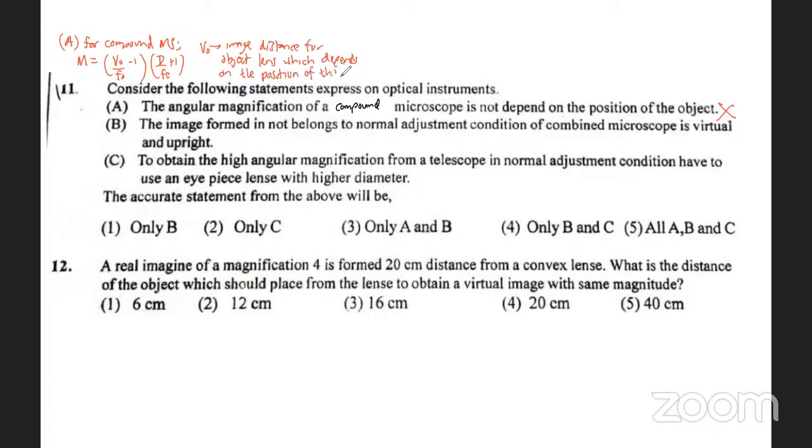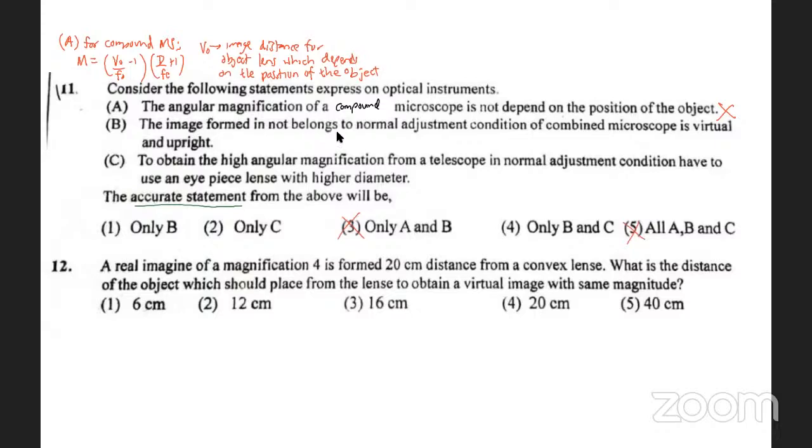Because if you change the position of the object, the image distance will change, because image distance depends only on object distance. Therefore, A is wrong. They are asking for the accurate statement, that means the correct statement only. So answers with A are wrong. 3 is wrong. 5 is wrong.